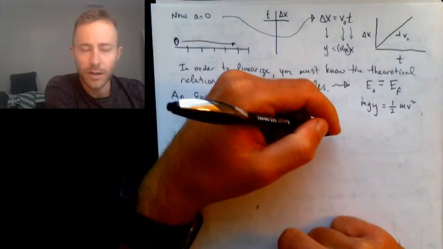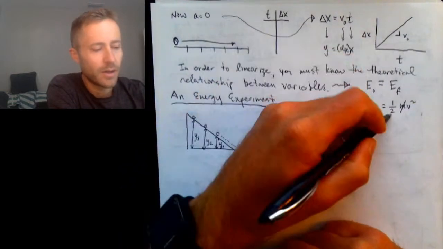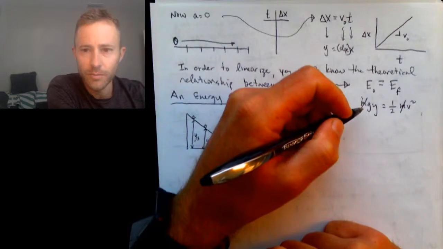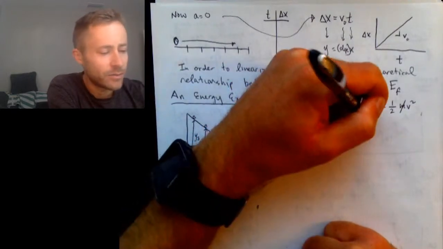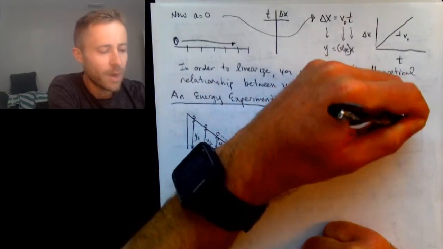So then I notice that the mass cancels out, and then I multiply both sides by 2, and what I get is v squared equals 2gy.